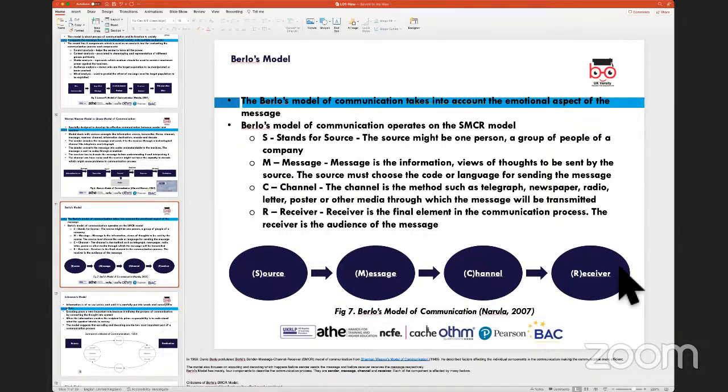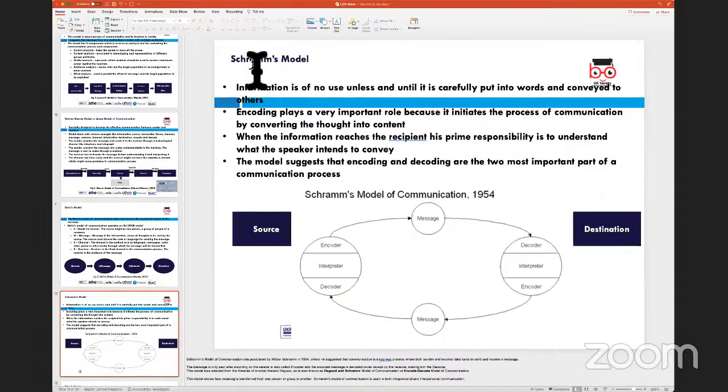So this particular model took into account a framework of how communication can be improved and in what ways the communication roles and interactions can be assigned so that it becomes effective from the point of view of a process.